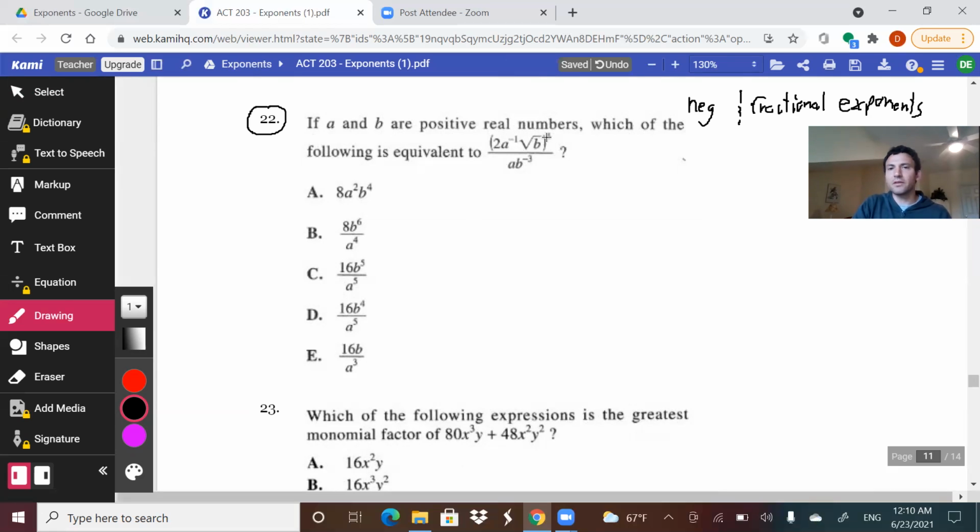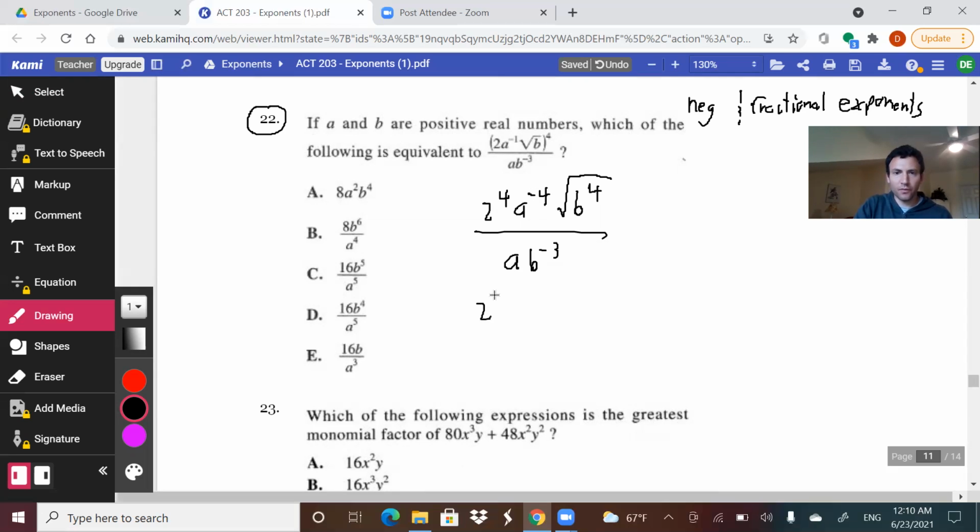So in this case, we can distribute the 4 because we're multiplying here. So this is 2 to the 4th, a to the negative 1 times 4, so a to the negative 4. And then we have b to the 4, square root. And this is over a b to the negative 3. So let's do the negatives first.